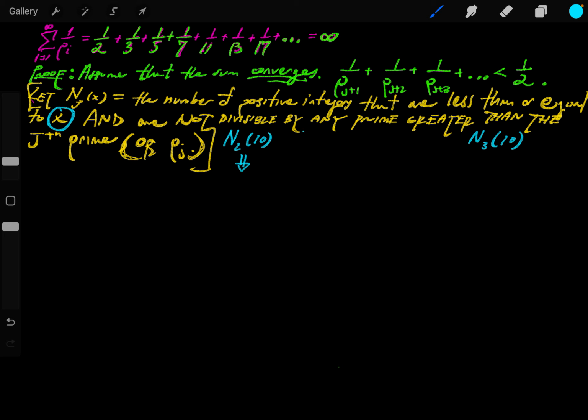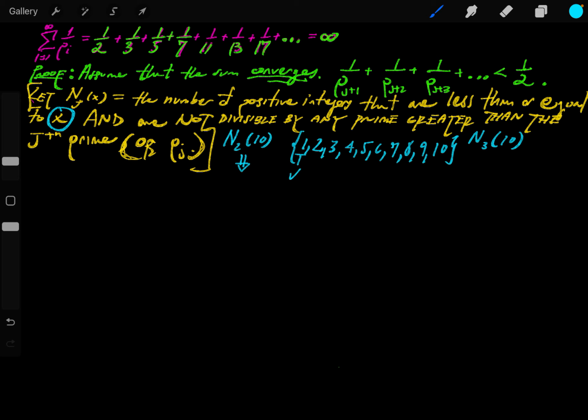So let's count. What are the numbers less than or equal to 10? That's 1, 2, 3, 4, 5, 6, 7, 8, 9, 10. And then which of these are not divisible by any prime greater than 3? Well, 1, is it divisible by any prime greater than 3?